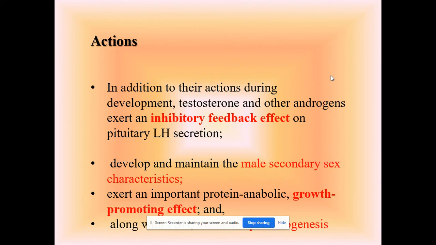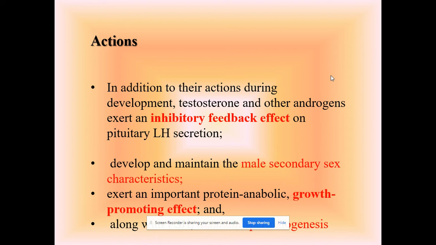Next are the actions. In addition to their actions during development, testosterone and other androgens exert an inhibitory feedback effect on pituitary luteinizing hormone secretion. Remember what I showed you last meeting? I showed you a figure or diagram about this inhibitory feedback effect.